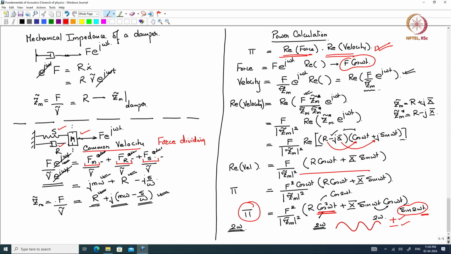Over time it has positive portions and negative portions. So normally when we think of power, we think of power being positive. No, here this instantaneous power, that is the key word here, instantaneous power, has both positive portions and negative portions. So let us see more on the next page.